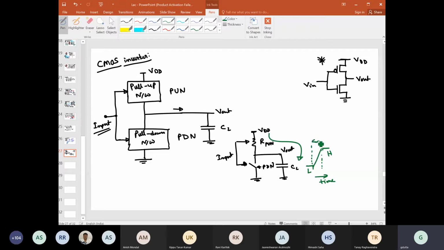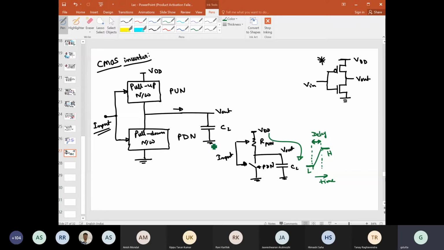So that delay we will look into maybe not today or maybe after some time. Okay, how to characterize this delay and what are the things that we should consider to minimize the delay. Okay, but now our concern is only these levels. So here lower level to this higher level.